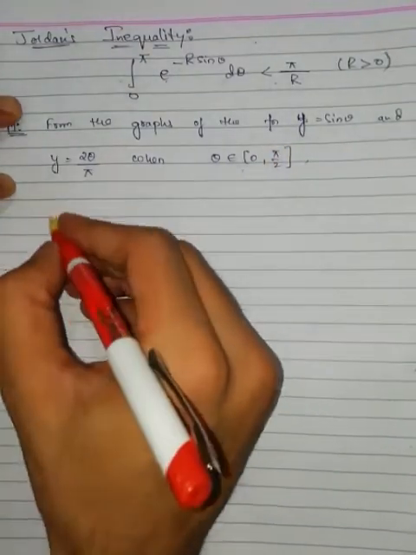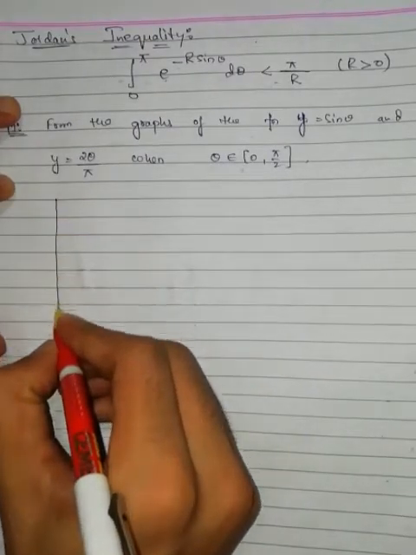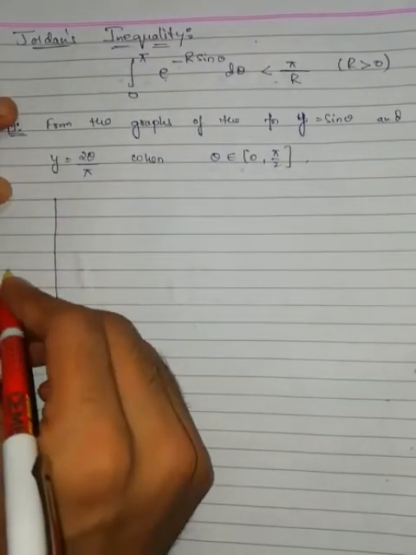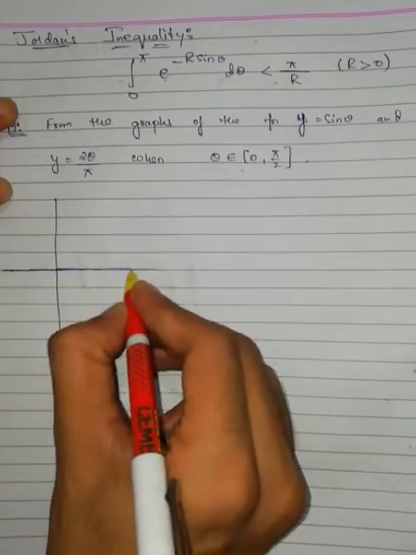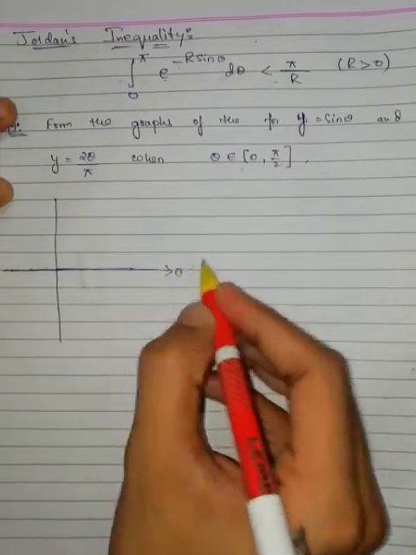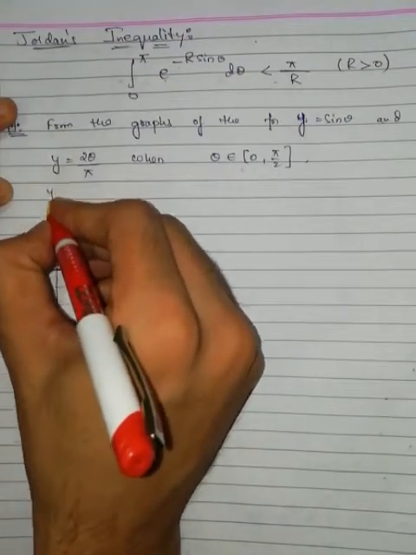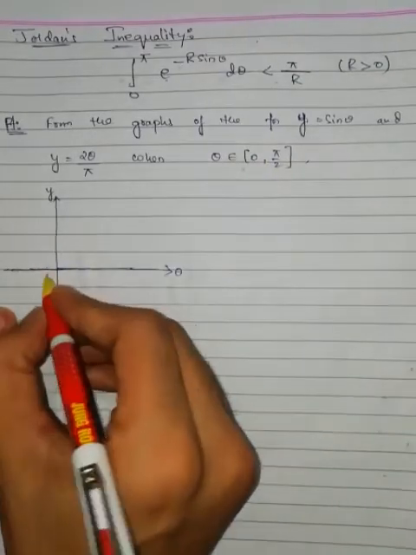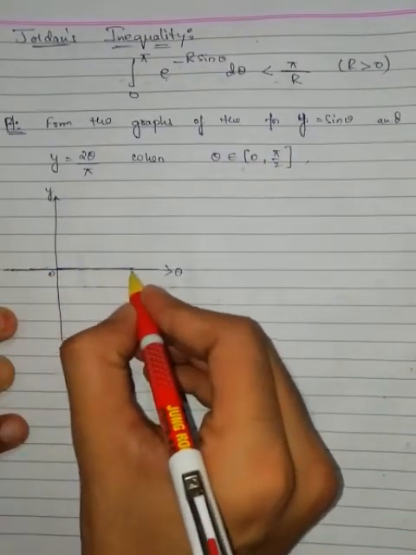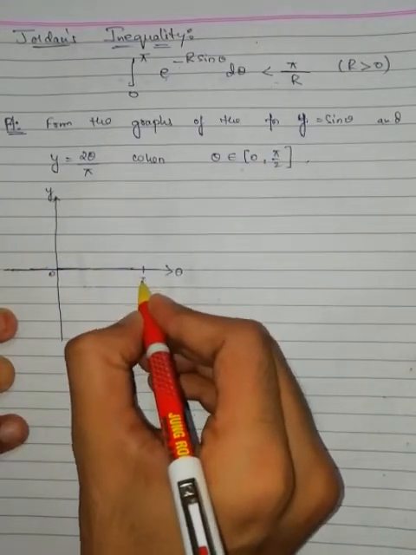What is the graph? Let us take this is theta and this is y. Zero. This one is pi.